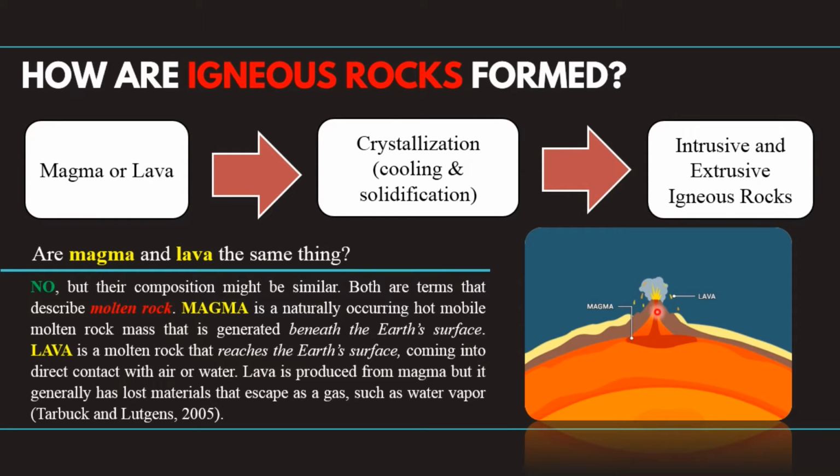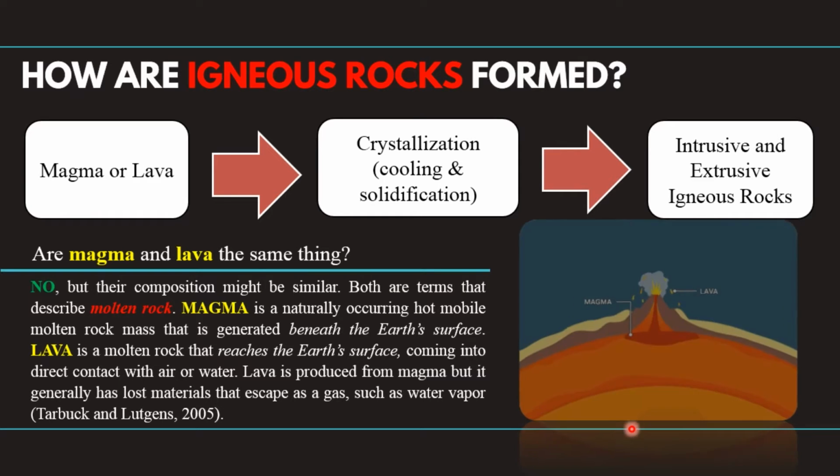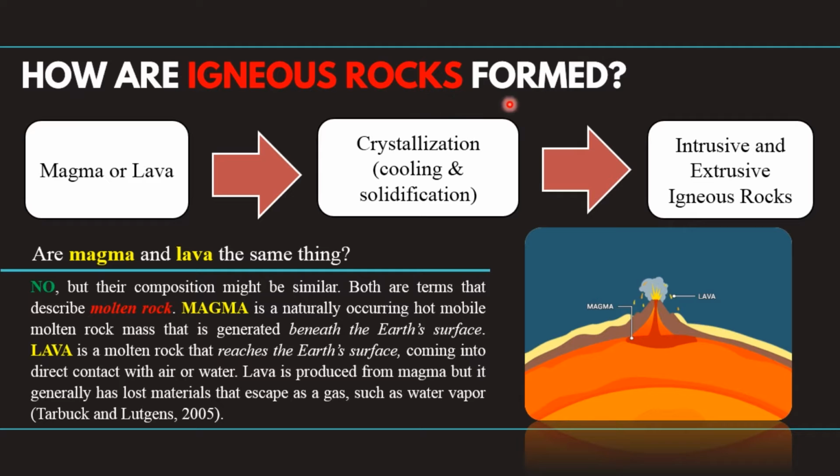Okay? In short, lava is produced from magma, which is now in direct contact with air and water. Lava is the one that comes out from the volcano. So that is how igneous rocks are formed.